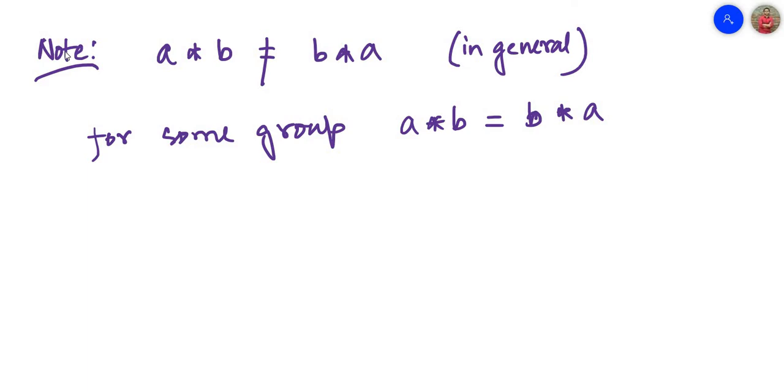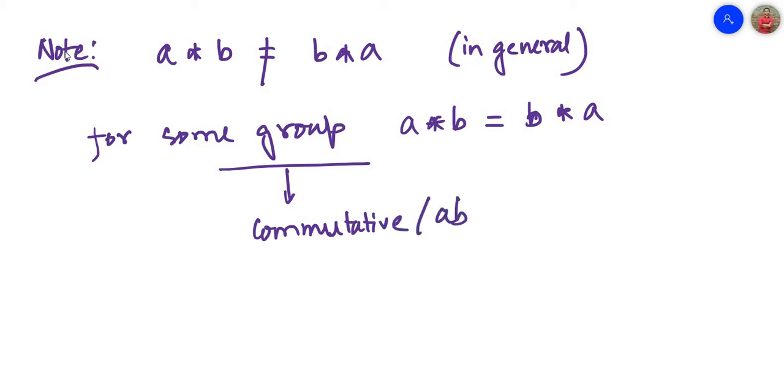Those groups are called commutative groups, or abelian groups. So that's number 1 trivia.